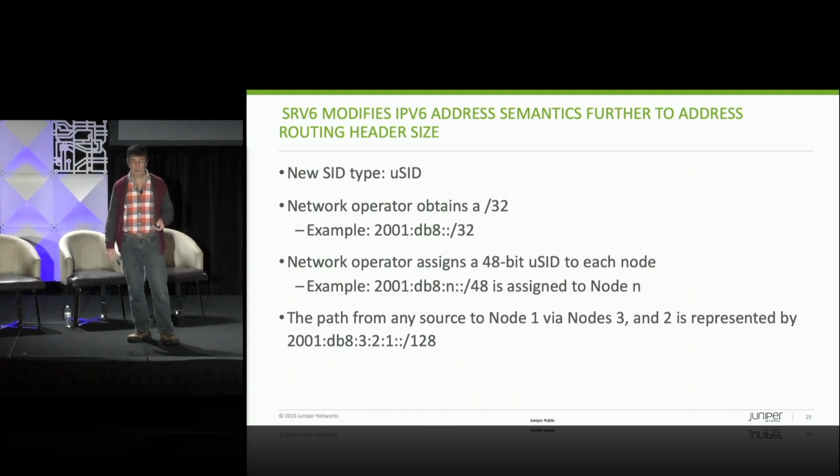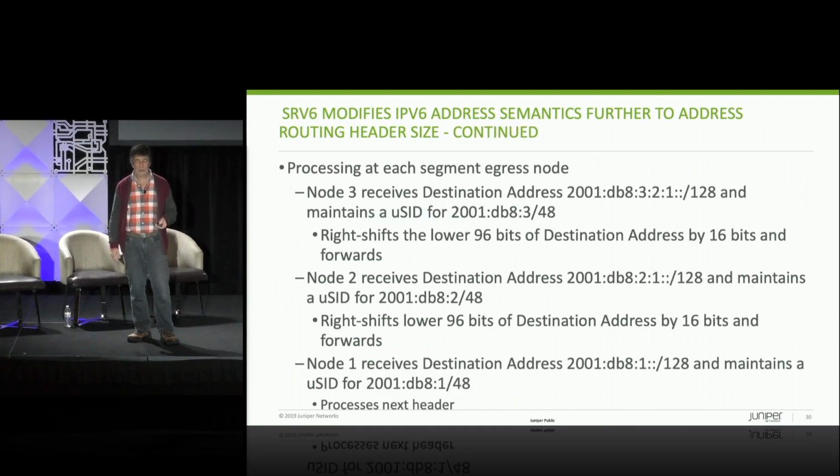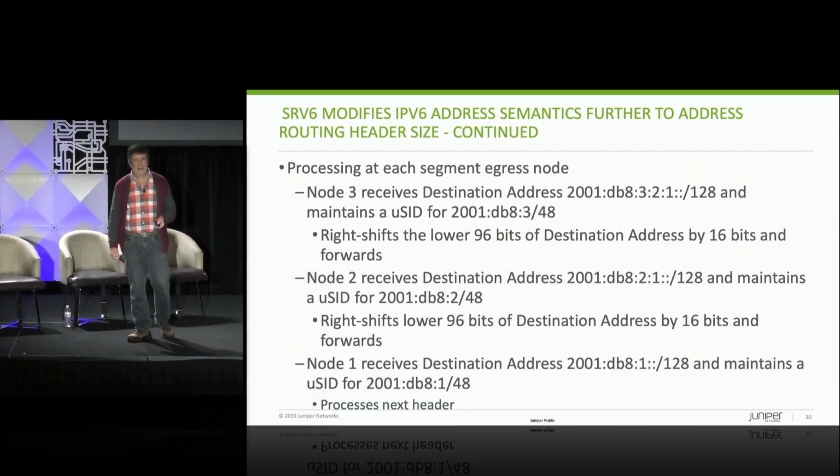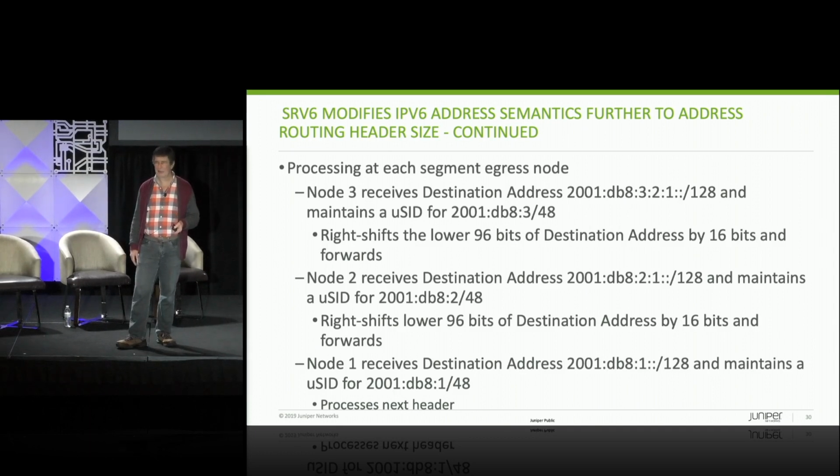Then as we go from node to node, you shift 16 bits of the address. I won't read through the slide because it's fairly complicated, but you'll see what we're doing. We're basically changing the address to make the path work. This is clearly changing the semantics of an IPv6 address, something you probably don't want to do.